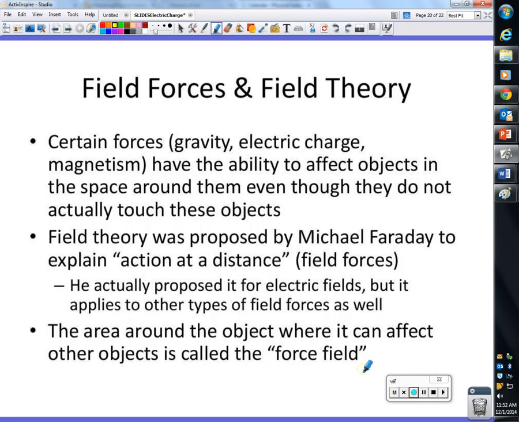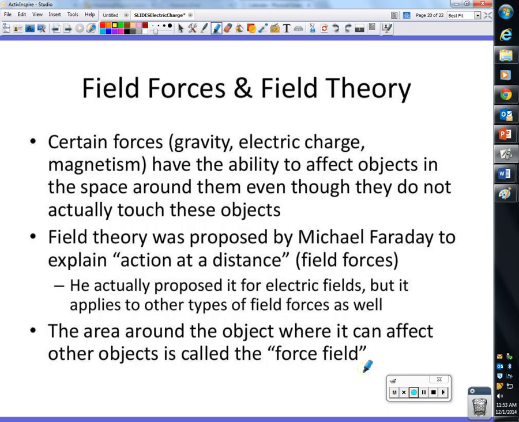Okay? The force field is an area or a space. It is this space around an object where it can affect other objects.